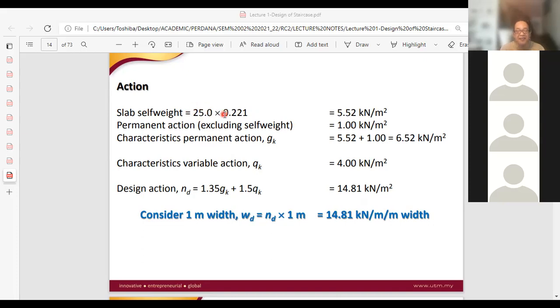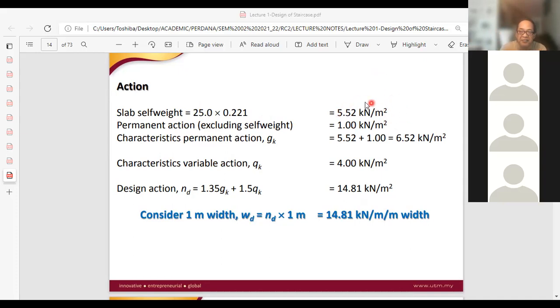I've said earlier, for grade of concrete not exceeding 50, maka density dia constant, 25 kN per meter cube. Multiply by thickness, dapat per meter square. So loading on slab, loading on staircase is always per meter square. Kalau loading on beam is per meter panjang, per meter run of the beam, per meter length of the beam. Untuk slabs dan juga staircases, it is always per meter square.